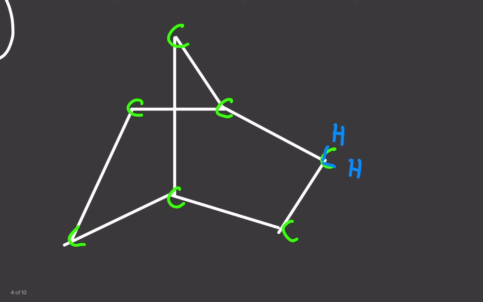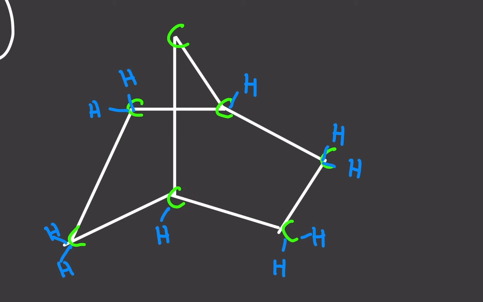1, 2, 3, 4, 5. Be careful here. This carbon has 1 bond, 2 bonds, and 3 bonds. So now the 4th one is the hydrogen. This one has 2. This one has 2. This one has 1, for the same reason as this one.